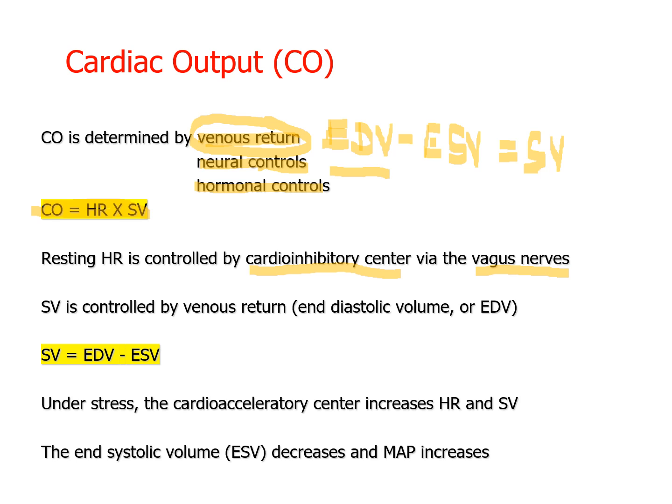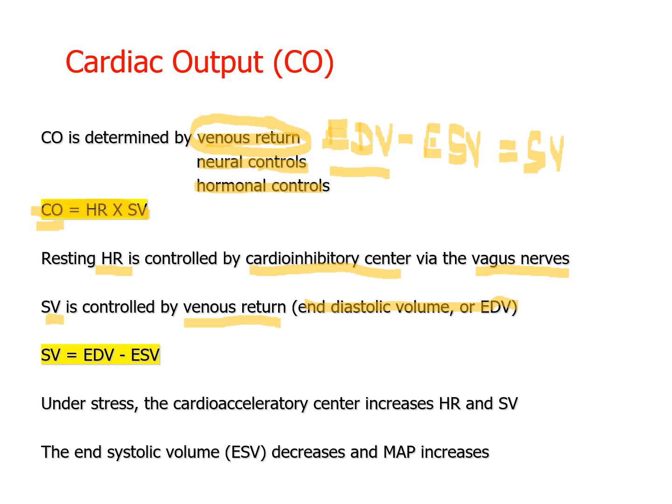Stroke volume is also an important feature, of course. Now we're talking about cardiac output. So resting heart rate is controlled at rest by the vagus output from the brainstem. So parasympathetic output slows down the heart. Stroke volume is determined by how much blood gets back to the heart, and determining therefore end diastolic volume.